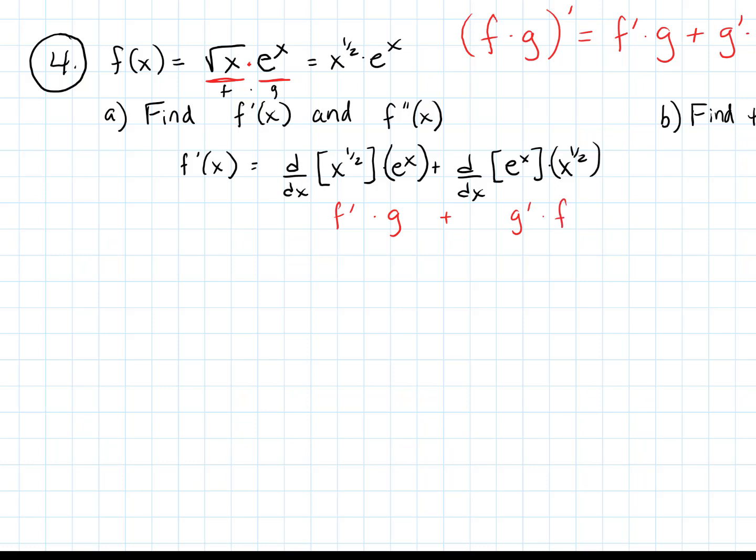And again, for these first few examples I'm going to write out all these steps with the derivative operator here, so we're very clear about what's happening, and then we'll get into simplifying our steps a little bit and just jumping right to the derivative. So x to the 1/2 when we take the derivative becomes 1/2 x to the minus 1/2 times e to the x, plus the derivative of e to the x is simply e to the x times x to the 1/2.